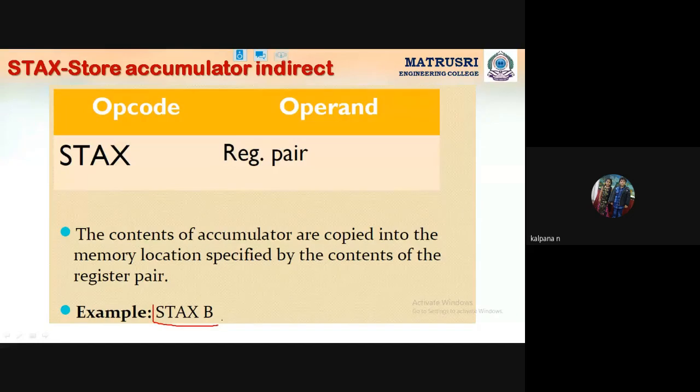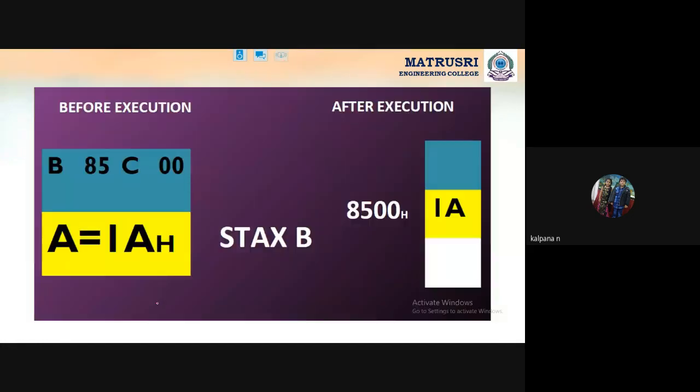Example: STAX B. Here A is consisting of 1A. This is the data. Now STAX B means: B, and the other register paired with B is C. So BC is having 8500.